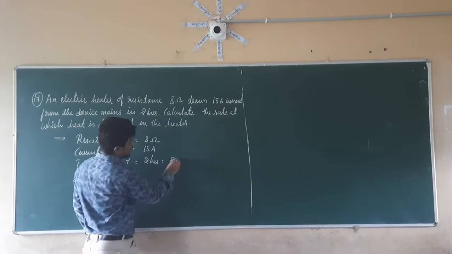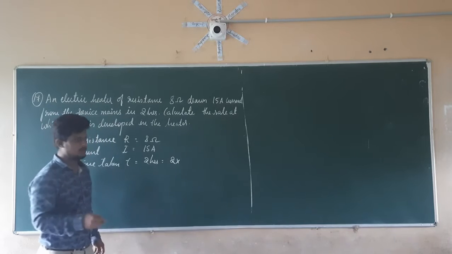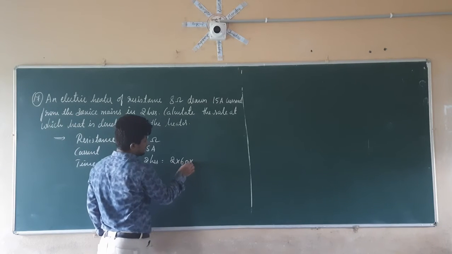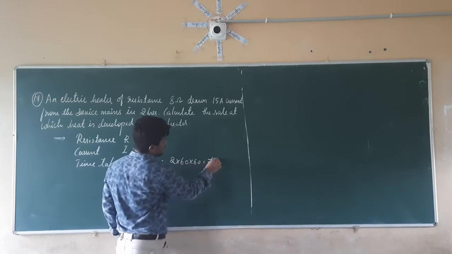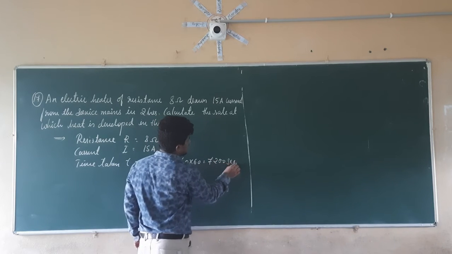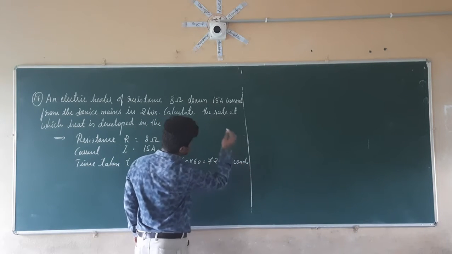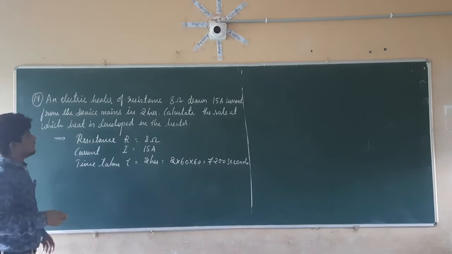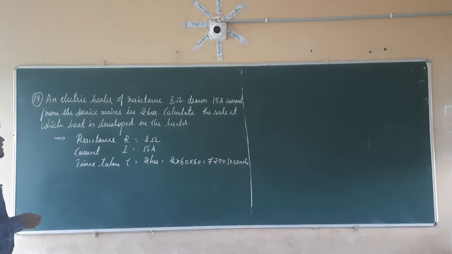We have to convert it into seconds: 2 into 60 into 60 is equal to 7200 seconds.